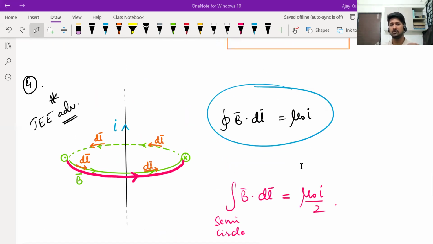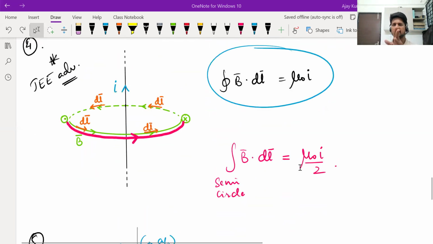What was the other idea I told you to solve this question? Not just adjusting the limits. Anyone? For the full loop, it was mu naught I, so for half, it would be mu naught I by 2. Okay.